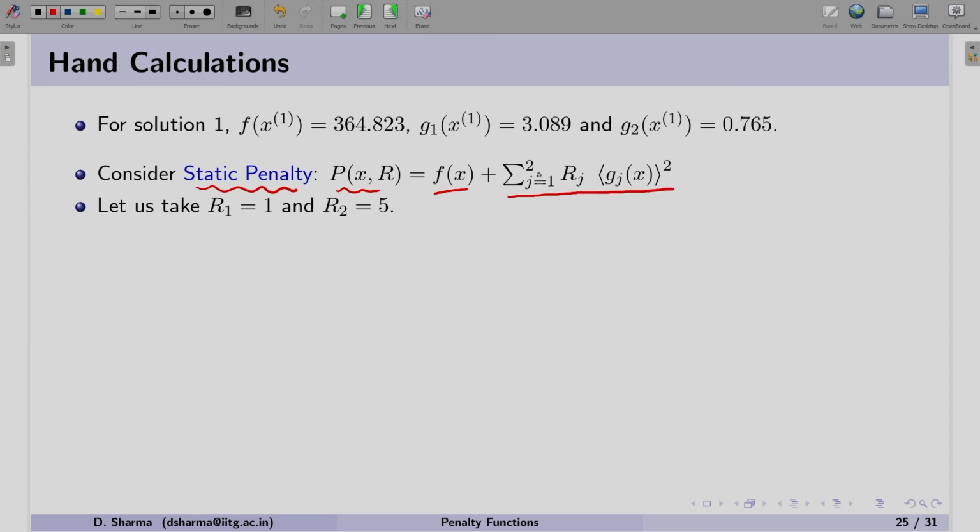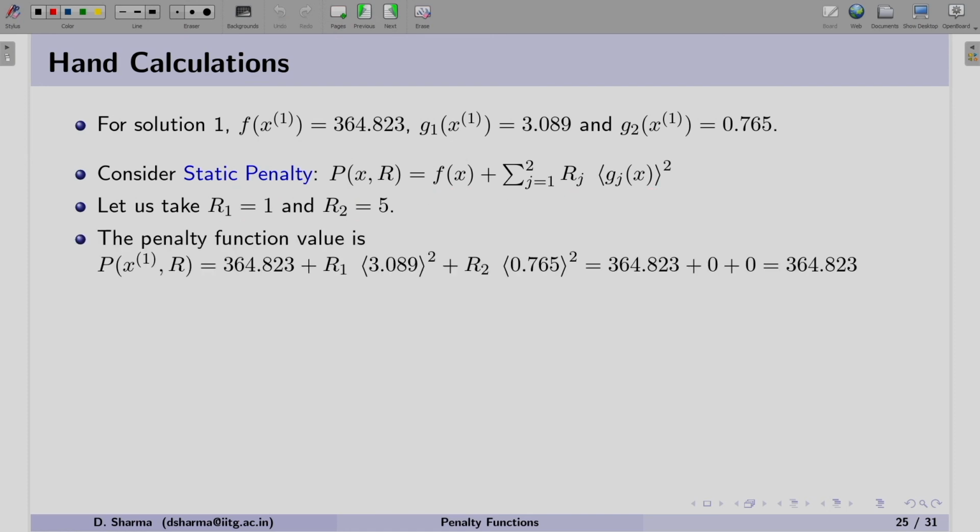Here, j equals 1 to 2, r_j, and we have a bracket operator and a square here. Now, let us take r1 as 1 and r2 as 5. As you can see, r1 and r2 are user defined parameters, so we have to choose those two parameters. The penalty function for the x1 solution is given as fx, plus r1 times the bracket of the g1 value, plus r2 times the bracket of the g2 value.